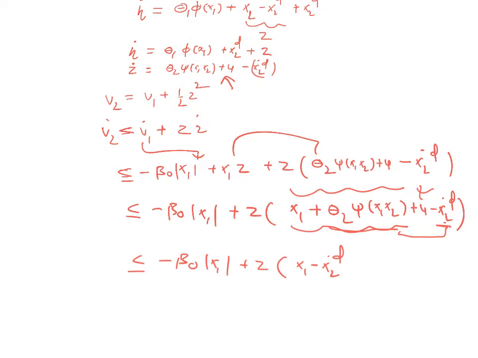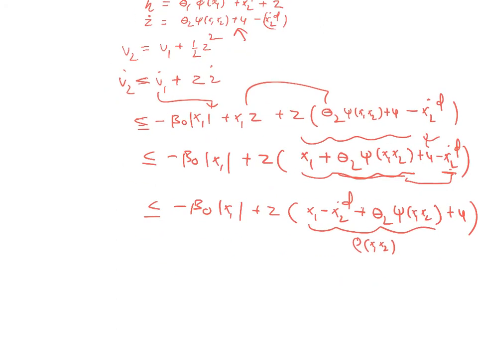If it is not known, then you can say x2 dot desired, what is that, plus theta 2 psi of x1 x2. Okay, so this can be something, you can call it rho of x1 x2, right? Something like that, and you can use the upper bound concepts plus u, right? So again, rewriting it, minus beta 0 x1 plus z rho of x1 x2, plus u.